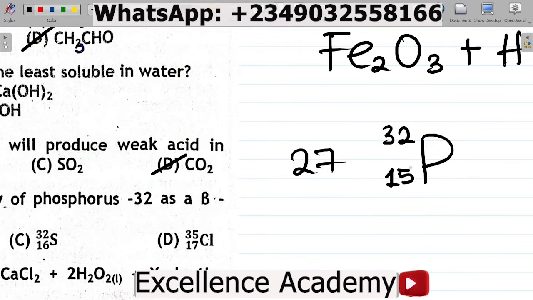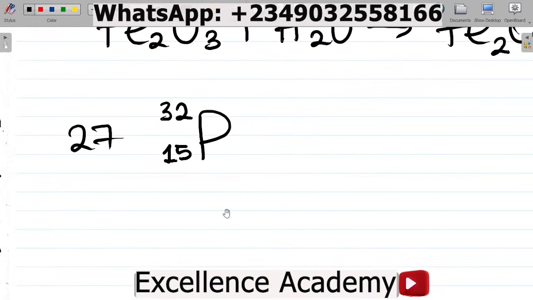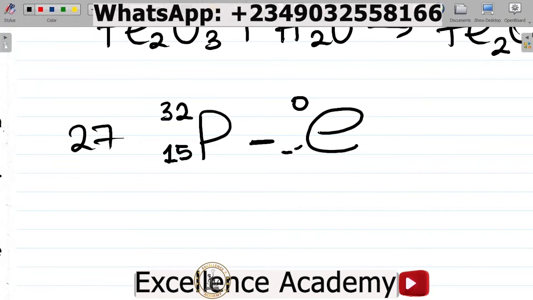They said it's undergoing beta decay, or it's a beta emitter, so we subtract a beta. A beta particle is simply an electron, having a mass number of 0 and atomic number -1.